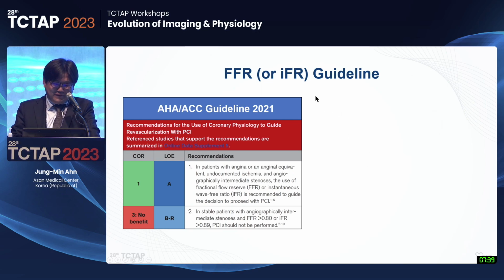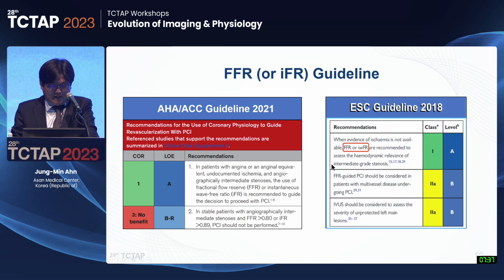Actually, the FFR or iFR guideline is Class 1A. Particularly, I liked this one: no benefit in patients with angiographic intermediate stenosis and FFR negative, iFR negative, PCI should not be performed. I like this sentence.